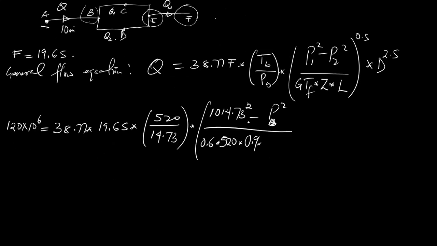Bracket close, raised to power 0.5 times D, which is 15.5 raised to power 2.5, because the nominal pipe size is 16, so if you calculate the internal diameter it is 15.5.